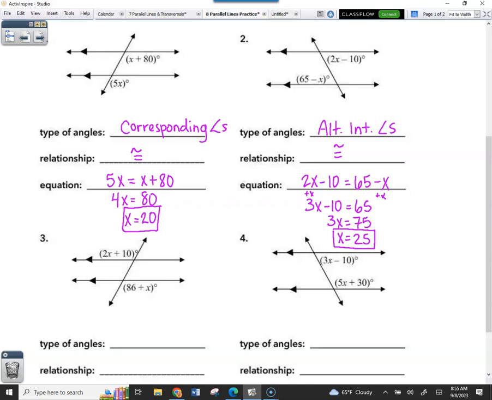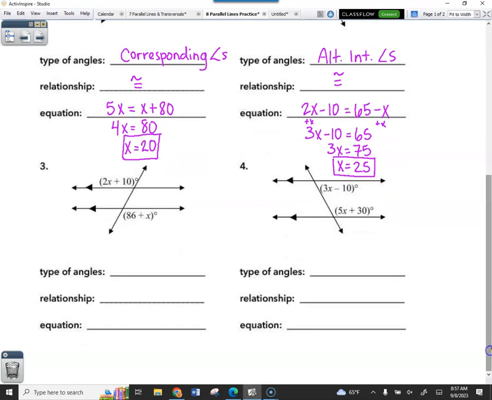All right, you try 3 and 4. What type of angles did you get for 3? Alternate exterior. And those angles are what? They're congruent.